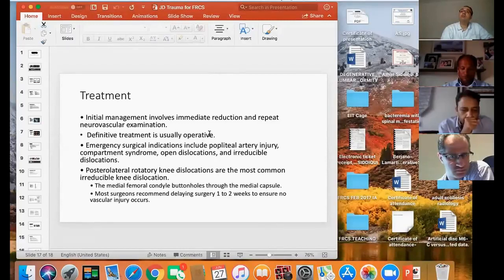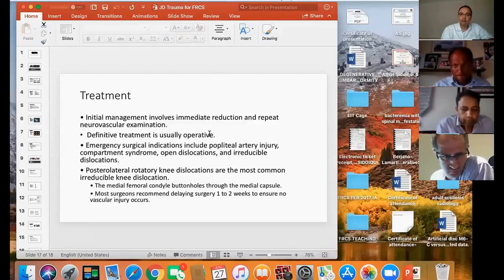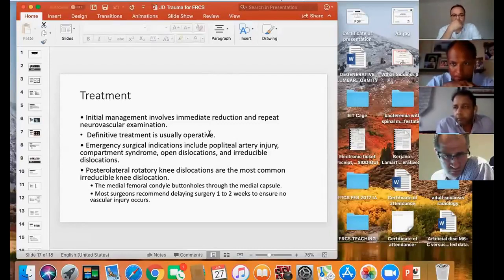After that, there is a controversy whether you will do prophylactic fasciotomies or not. Some people actually like doing prophylactic fasciotomy, irrespective of whatever the compartment pressure is. However, most trauma surgeons just go by their gut feeling. If they see the leg is very swollen, they do the prophylactic fasciotomy, and some don't do it and wait.